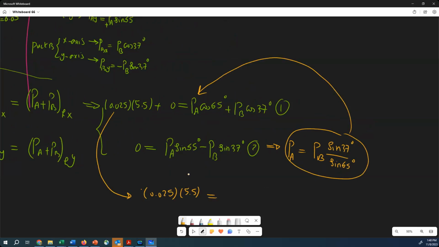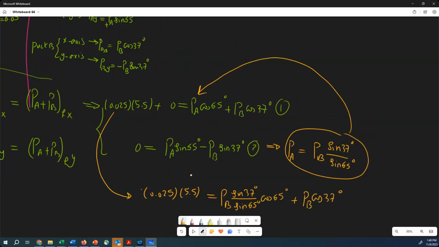PA is going to be PB sine 37 over sine 65, multiplied by cosine 65, plus PB cosine 37.